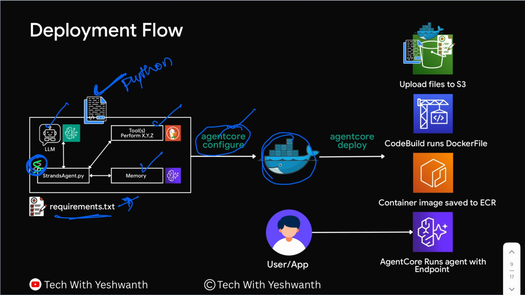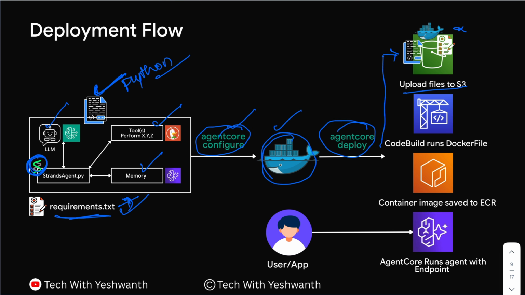Now, what after creation of this Dockerfile? You can just run AgentCore deploy, and whatever Python file you have, whatever requirements.txt file you have, and the Dockerfile, all of them will be uploaded into the S3 bucket. Whatever the name of the agent that you give, an S3 bucket will be created under the hood, and all these files will be automatically transferred to your S3 bucket.